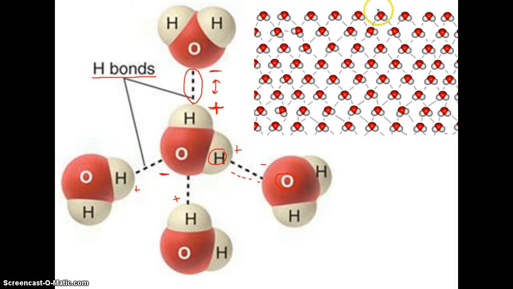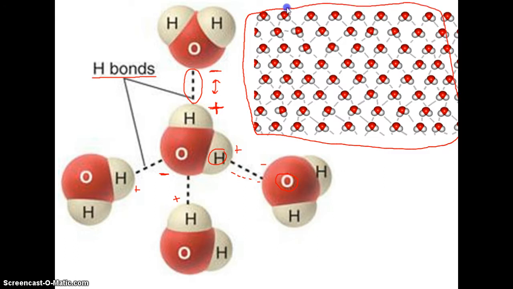And if you zoom out, you can see this cool picture: when water gets together with a whole bunch of other water molecules, it's a very organized looking structure, because all of those hydrogen bonds arrange each other, with the positive hydrogens attracted to the slightly negatively charged oxygens. And it's these hydrogen bonds that give water some of its really interesting properties that make it such a great substance for life to occur within.